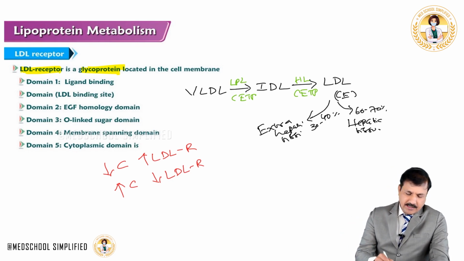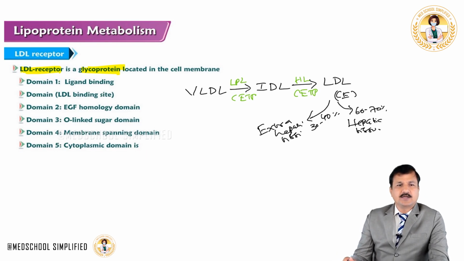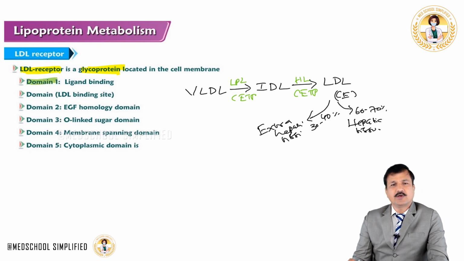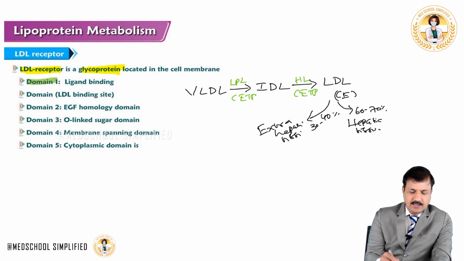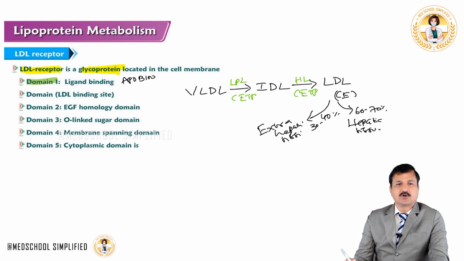Anyway, the LDL receptor has 5 domains. Domain number 1 is referred to as the ligand binding domain, where ApoB100 is going to recognize and interact with it.